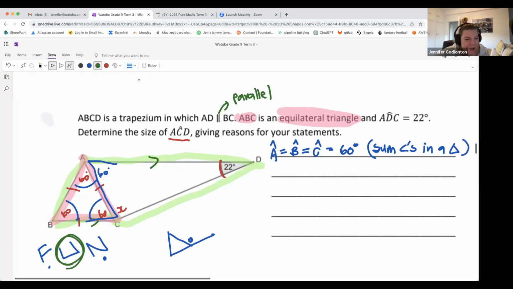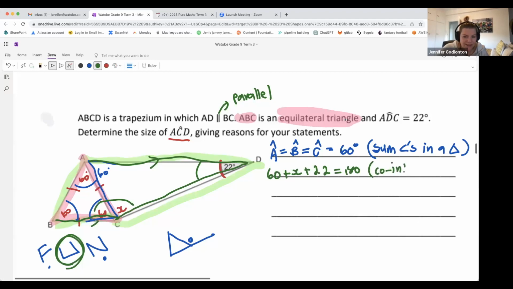Can anyone see our U? It's a very, very, very skew U, but it does exist. So this line and that line and that line creates our U. So this angle plus this angle has to equal 180 degrees. So we can say 60 plus X plus 22 needs to equal 180 because of co-interior angles.